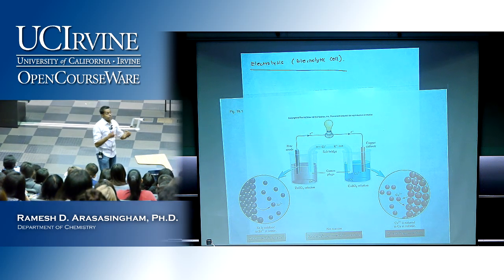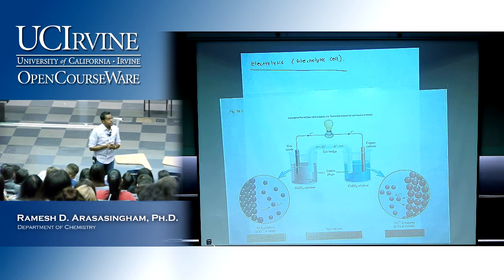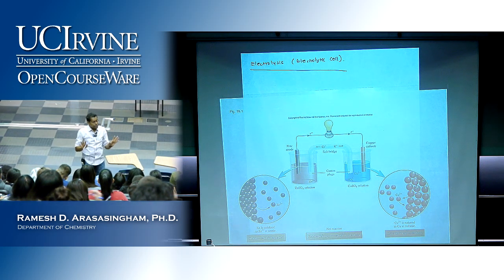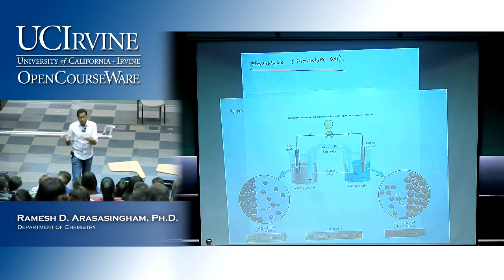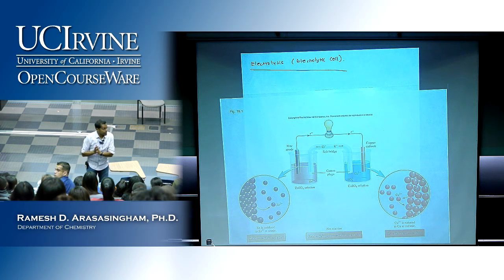And because of that, we construct this device so that instead of the reactants and products being in contact with each other, we force the electrons through the wire, and as a result, we end up with a current being passed through the wire.